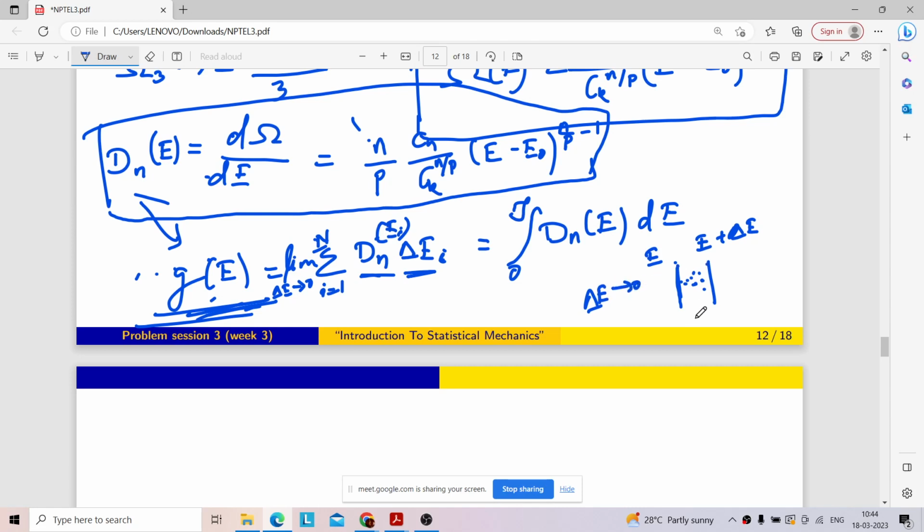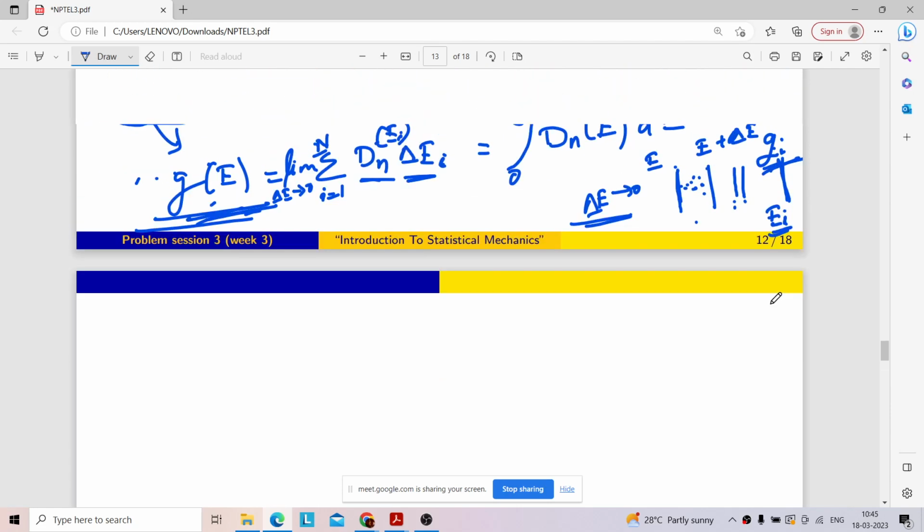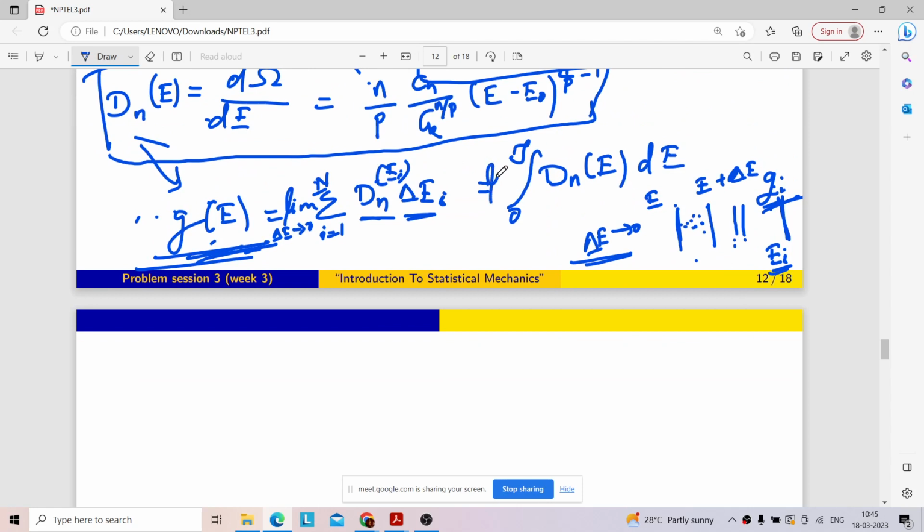That means this gap will be closed. Indirectly I'm saying that the number of states at this delta E tends to 0 for an energy state. There is no gap here. There is a discrete energy. So in each state, what is the number of states there in this state E? So here the limit dE, or delta E, whatever you want to say, tends to 0.